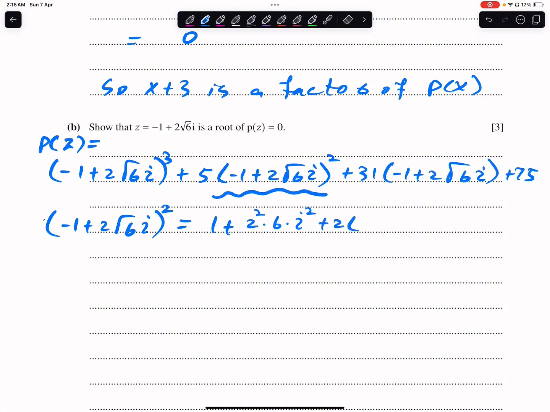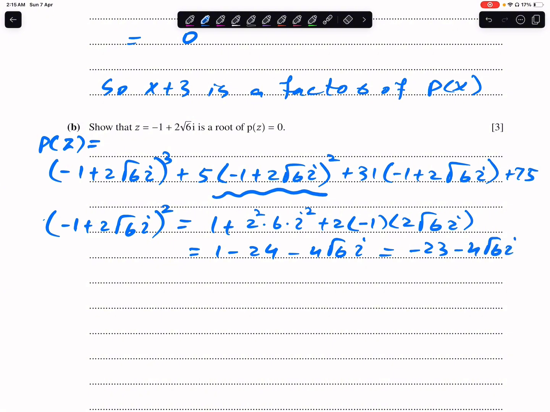So that will be 2 times minus 1 times 2 root 6i. So this will be 1 minus 24 because i square is minus 1, and then minus 4 root 6i. So minus 23 minus 4 root 6i.